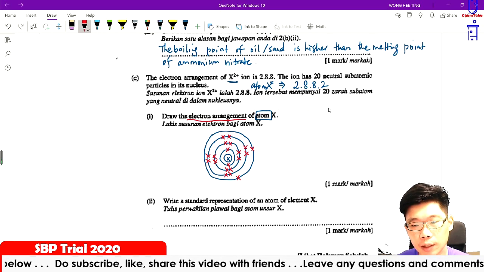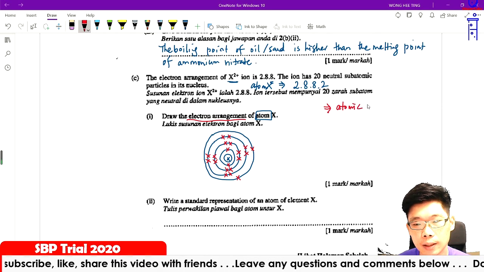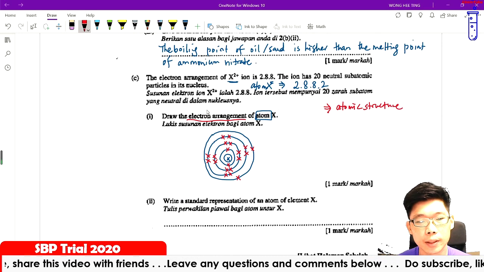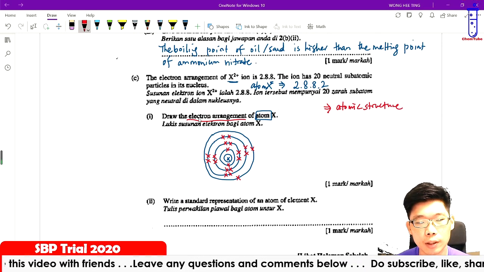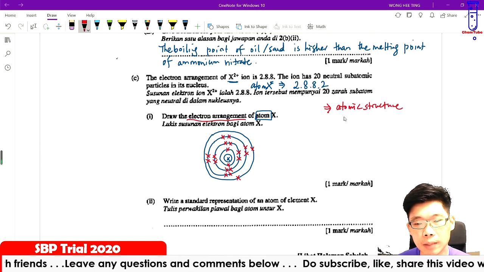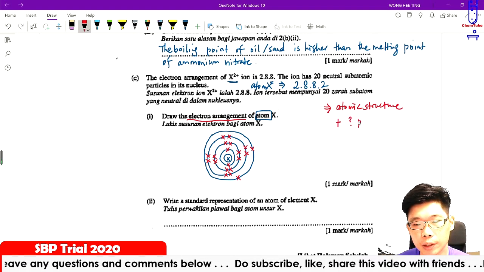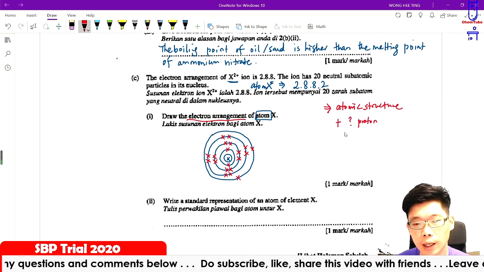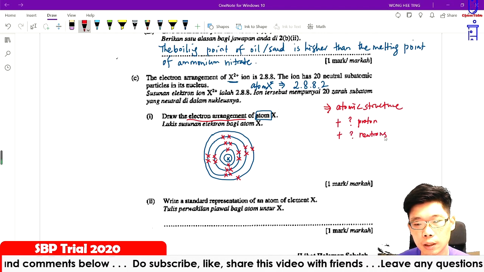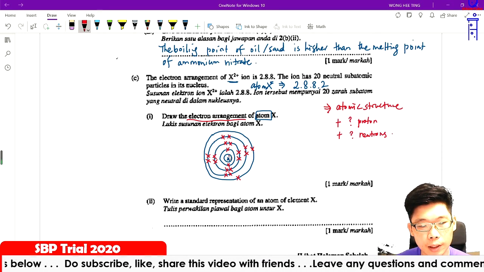Extra information here: sometimes the question will ask you to draw the atomic structure. The atomic structure is almost the same as the electron arrangement. You just draw the same as the electron arrangement, but in the atomic structure you add in the information of how many protons and how many neutrons. So in your drawing, you just draw an extra line.